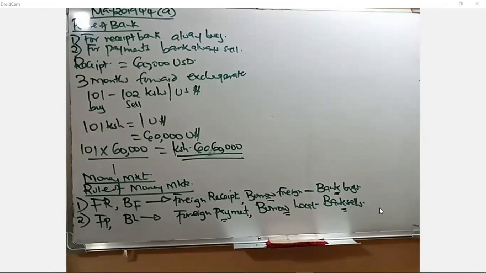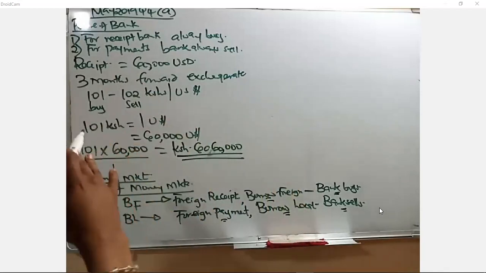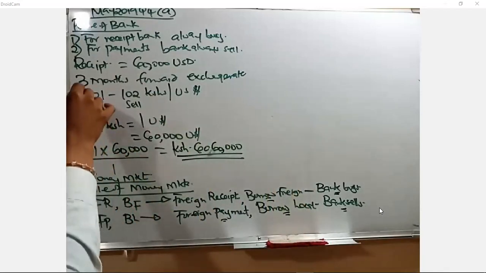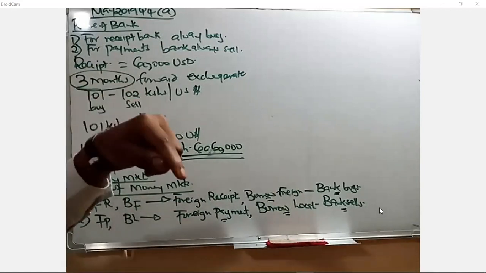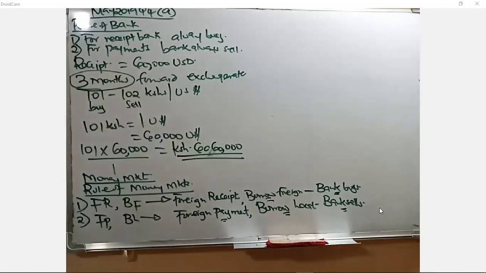But when we look at foreign receipts, where I want to receive money from abroad, then I'm going to be borrowing foreign because I'm entering into a contract. Remember, maybe we are discussing 3 months or 4 months contracts. So you normally ask yourself, if I'm going to be receiving this money in 3 months' time, how much am I supposed to be pocketing now?